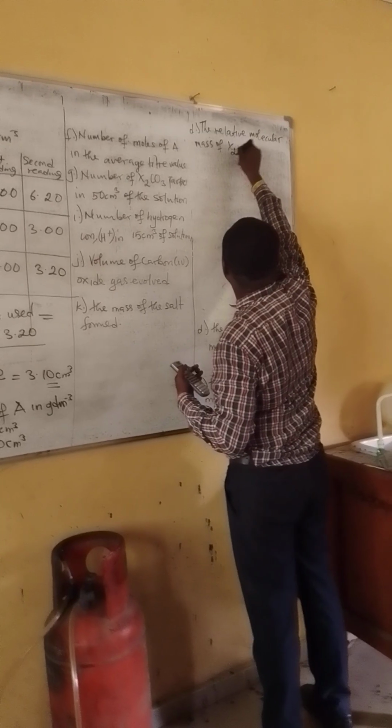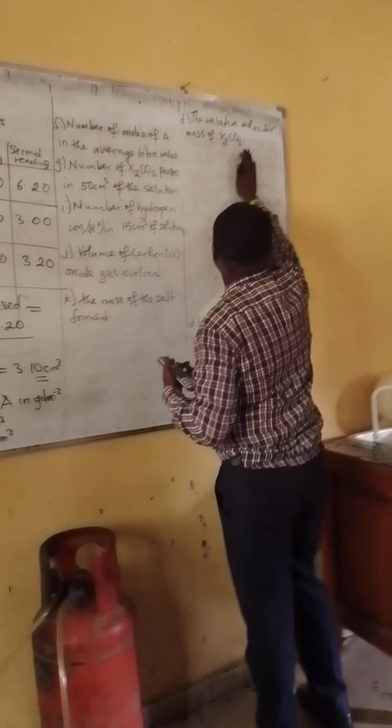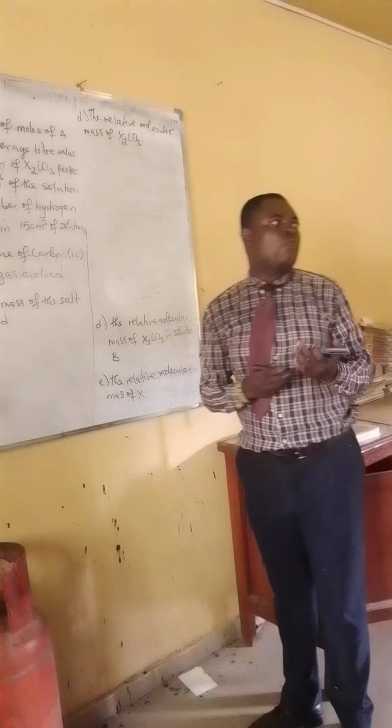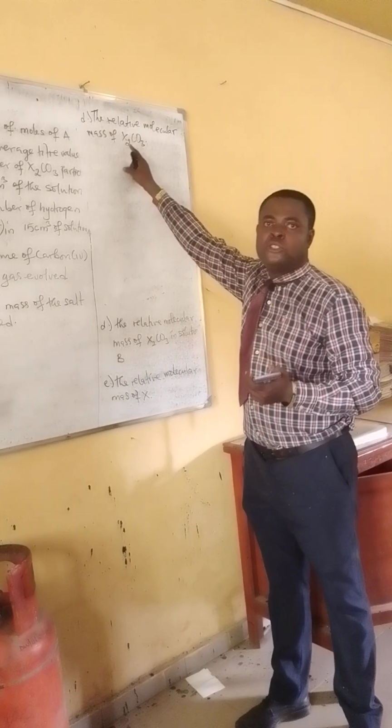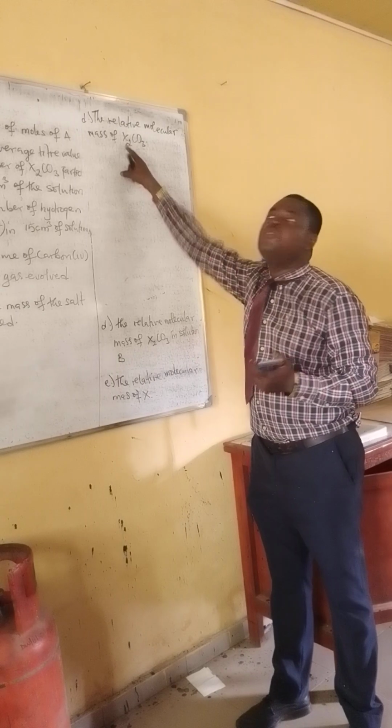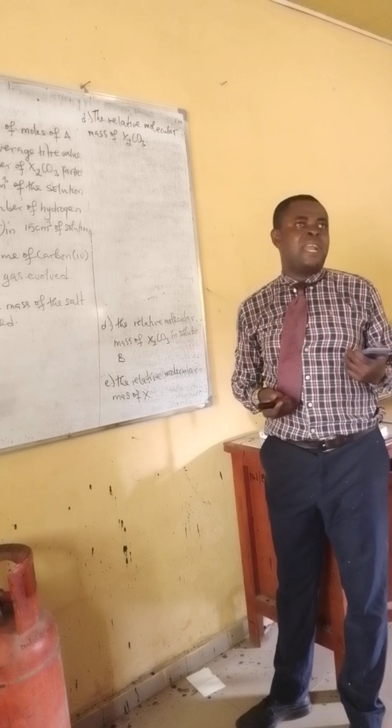Normally to find relative molecular mass, we are supposed to say the molar mass of X times 2, but no element is X. Then we are now left with an option.